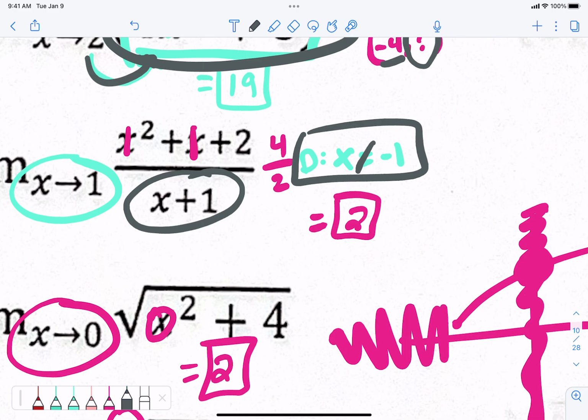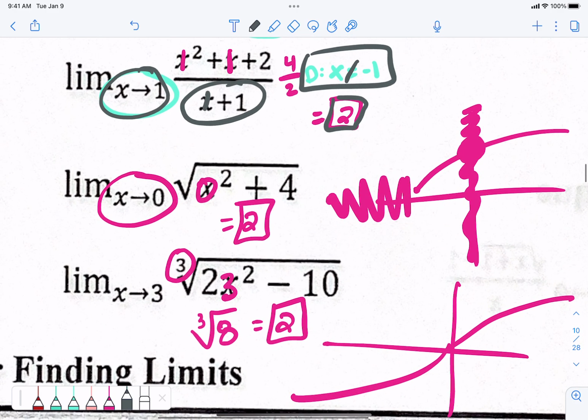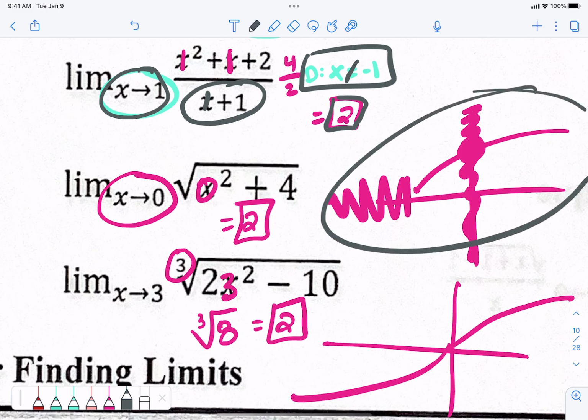I'm looking for a limit at +1, and I can plug +1 in, and when you do that, you get 2. Even though that one has some funny business, that's not where I'm trying to evaluate the limit, so that one's okay. The next one is a square root, which looks like this. If I were trying to evaluate the square root over here, where the graph doesn't exist, then I couldn't do it and the limit would not exist.